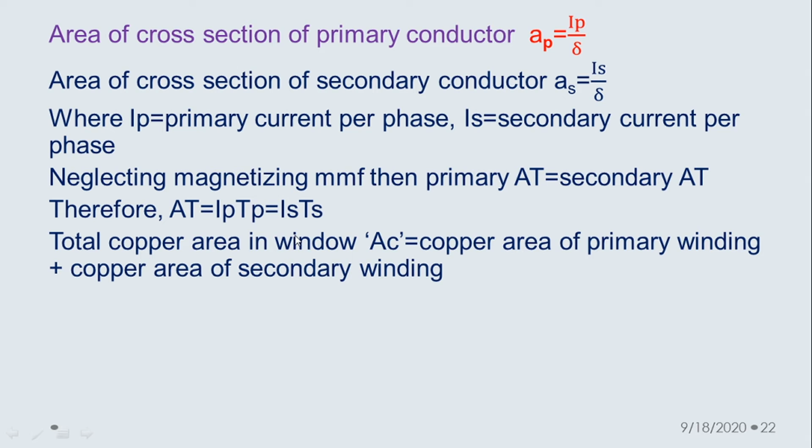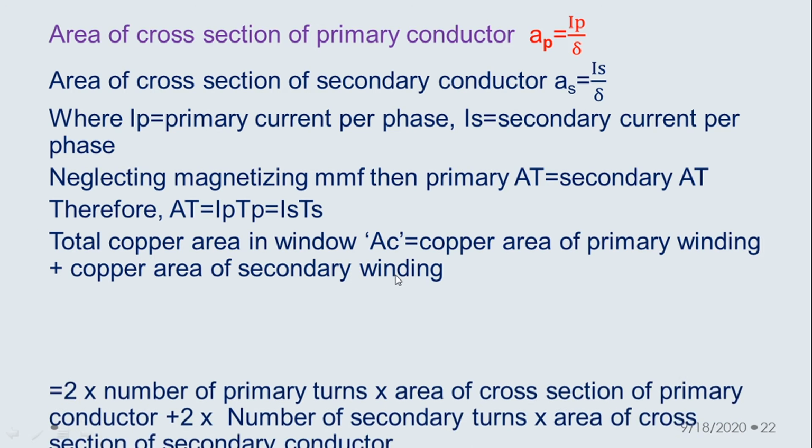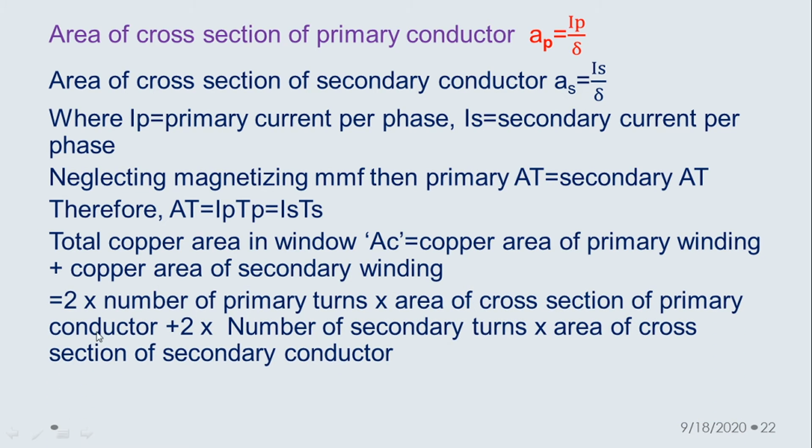So total copper area in the window, that is total conductor area in the window AC, is equal to the copper area of primary winding, if copper is used as the conducting material, plus the copper area of secondary winding, correct.